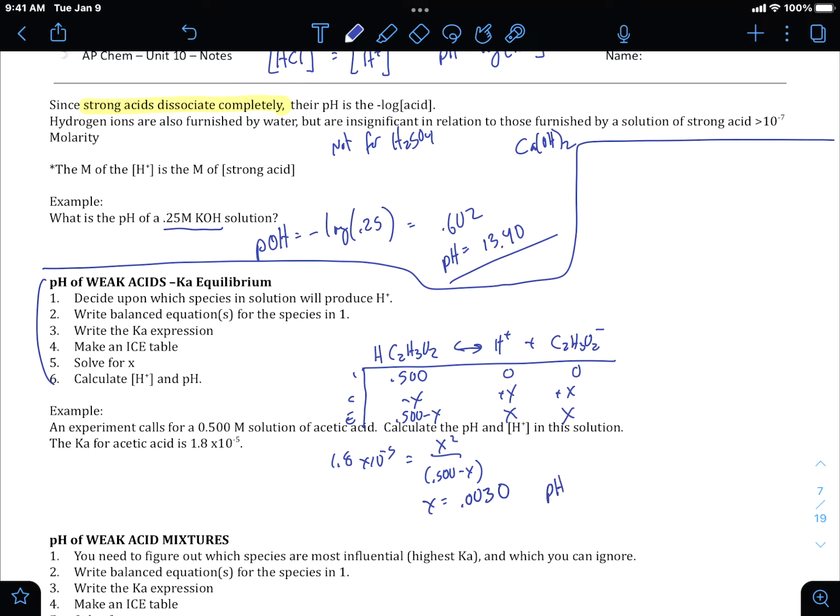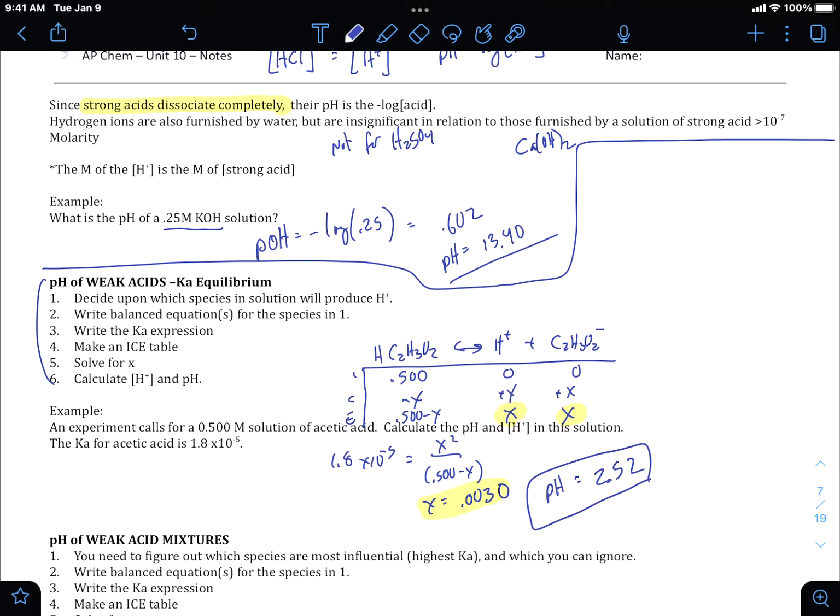So we know the concentrations of those, and the concentration of 0.5 would not change appreciably. 0.5 minus 0.003 technically would be 0.997, which, if you want to round or not, stays as 0.5. So the negative log, you're looking at a pH of about 2.5. Let's see how many sig figs we can use here. Ka only gives us 2, so 2.52.